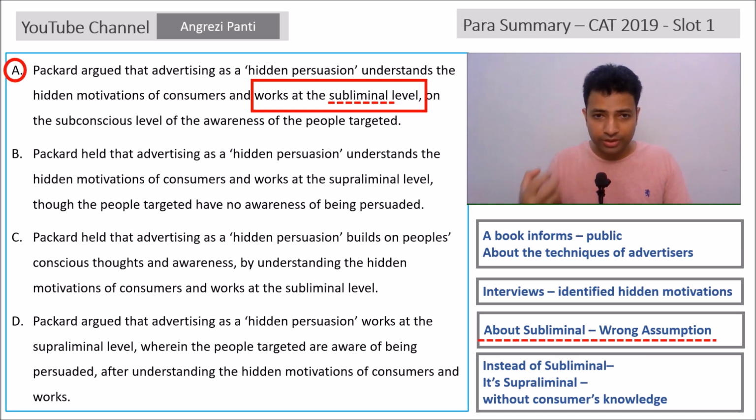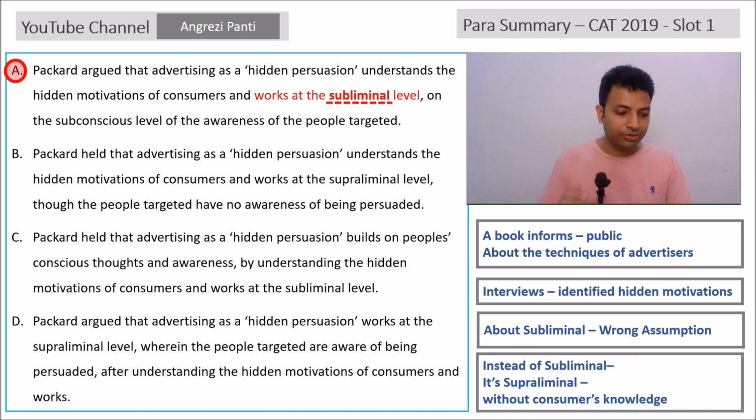It was a wrong assumption on the part of the critics. And here it is saying Packard argued that advertising understands hidden motivations and works at the subliminal level. No, I don't even have to go any further now. So the options have to be read very carefully, extremely carefully.